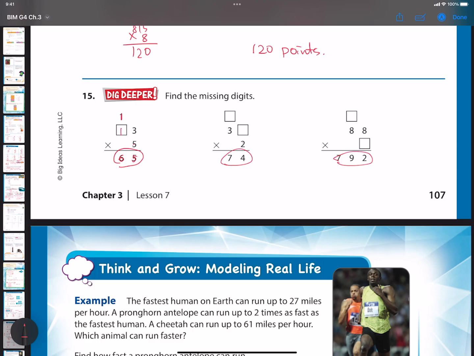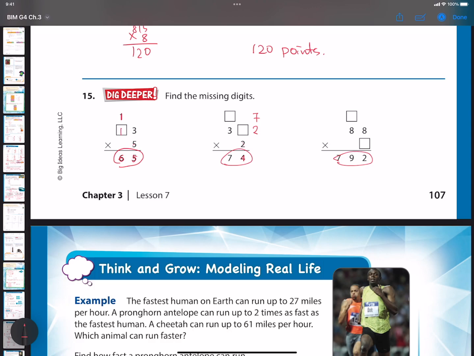This 2 times an unknown number is going to end in 4. The possibilities are 2 times 2 is 4, right? And another one is 2 times 7, since 2 times 7 is 14. And then you're not sure yet, so you need to see the tens place, right?